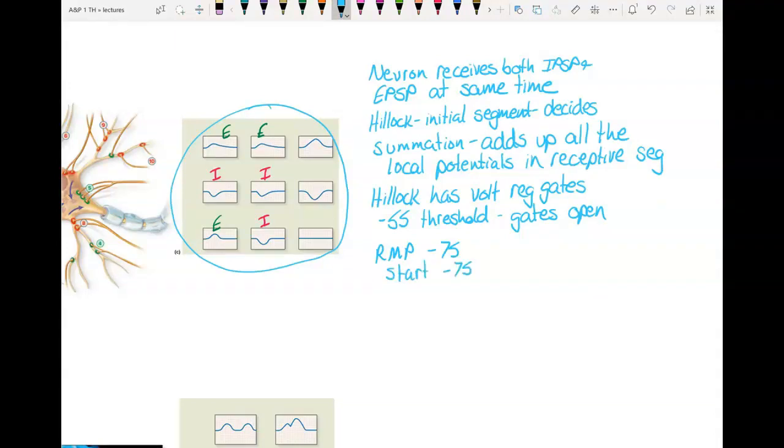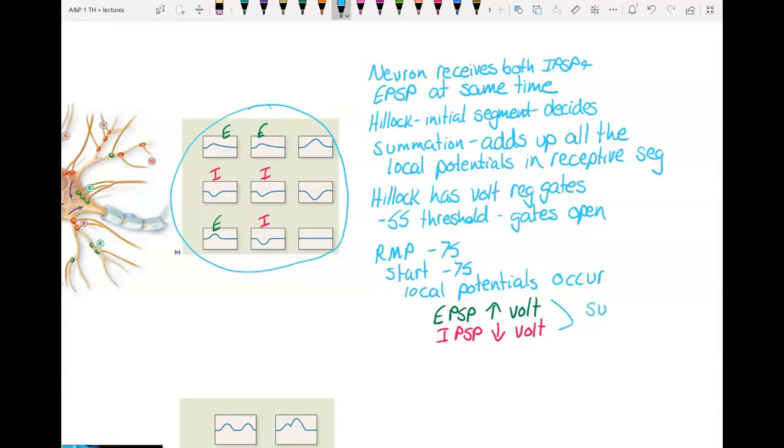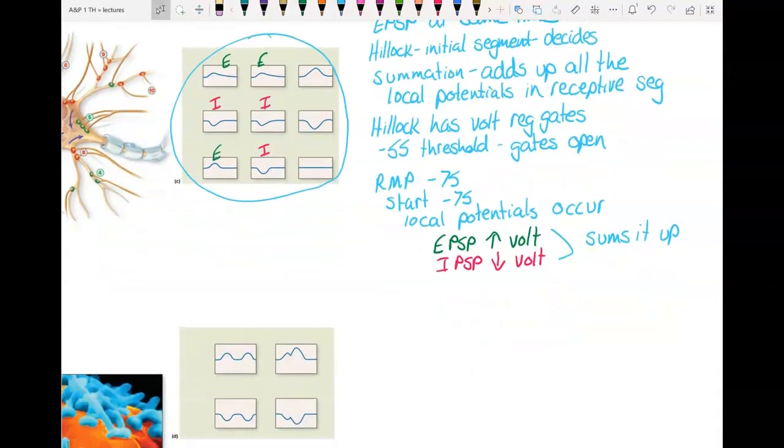You have your local potentials occur. The EPSPs raise the voltage. The IPSPs lower the voltage, and the hillock sums it up. If you can raise it by at least 20 points, then you will open the gates in the hillock and have an action potential.